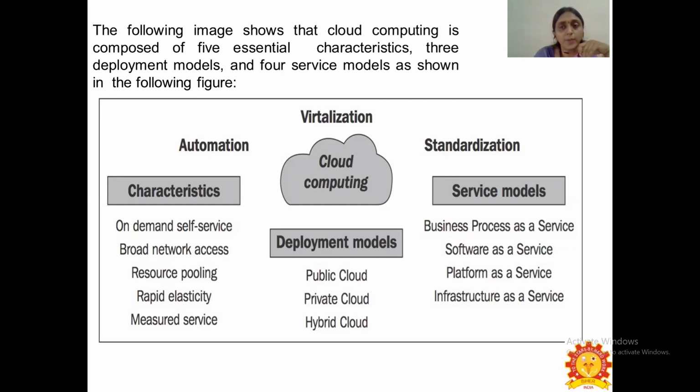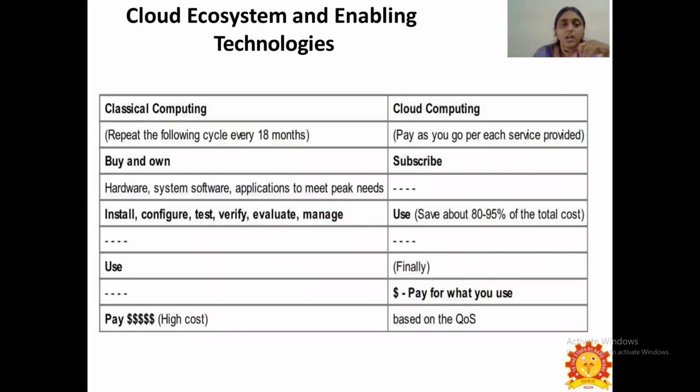In the deployment model, we have 3 categories, namely public cloud, private cloud, and hybrid cloud. And in the service models, we have business process as a service, software as a service, platform as a service, and infrastructure as a service. And here is the cloud ecosystem and the enabling technologies which are supporting the cloud system.